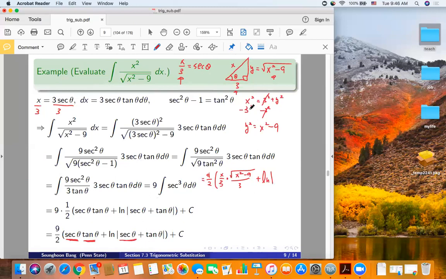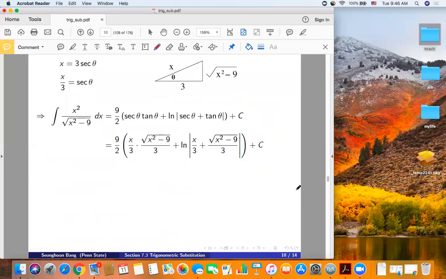Secant theta is x over 3 plus the tangent theta, which is the same, opposite over adjacent, the square root of x squared minus 9 over 3, whole, plus C, like this. This is the idea. It's good. Just use a right triangle to find this answer. So keep going like this.